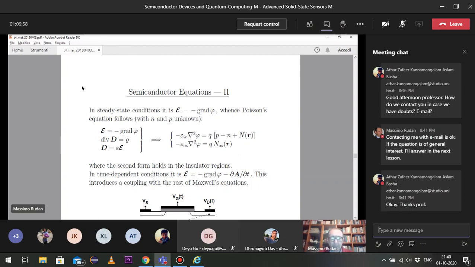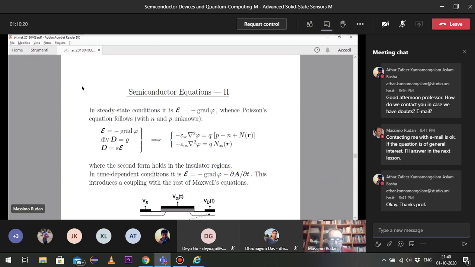Okay. You remember that we were commenting the two possible cases of non-equilibrium. One is steady state, and the other one is a fully dynamic condition, okay?